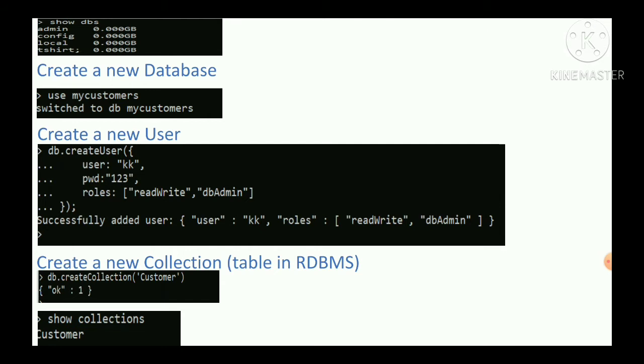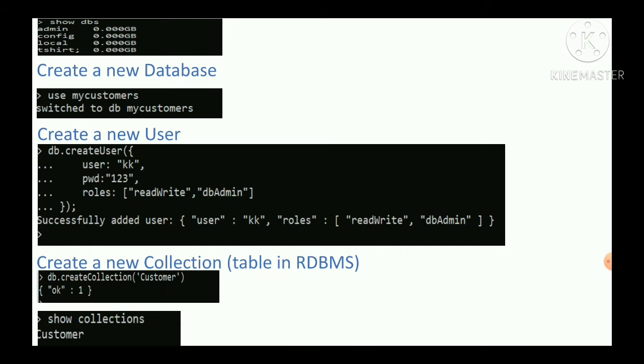I'm going to create a new database called mycustomers. To create that, use mycustomers. I simply give this command and it gets created, saying switched to db mycustomers. Hereafter I need to create the user. To create the user I give db.createUser with key-value pairs, because MongoDB is a NoSQL format: username is kk, password is 123, and roles.